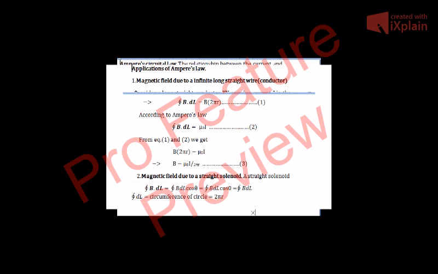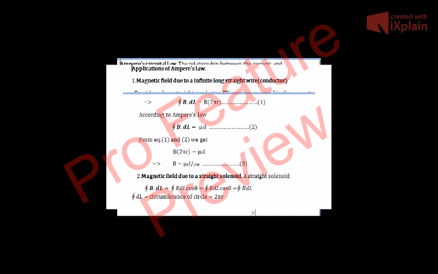Now applying Ampere's circuital law, which tells us that B dot dl is equal to mu naught I. From these two equations we see that the LHS is the same, so the RHS will also be the same. This implies B 2 pi r must be equal to mu naught I, which implies B is equal to mu naught I upon 2 pi r.